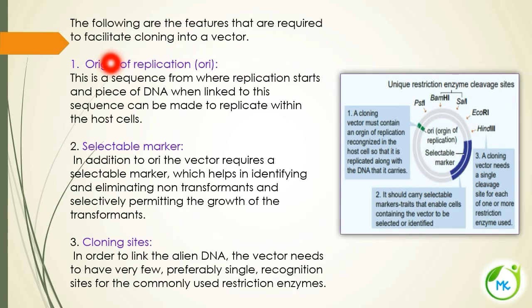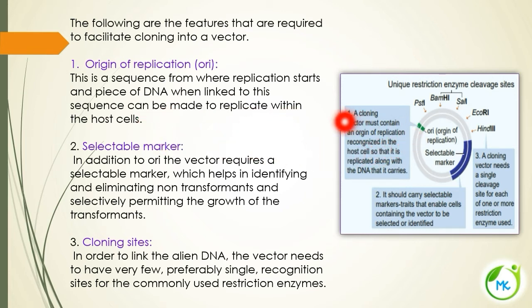So the features that are required, we will see in detail. First, the vector should have an origin of replication, shortly referred to as the ORI sequence. This is a sequence where the replication will start. A piece of DNA, when linked to this sequence, can be made to replicate within the host cell.